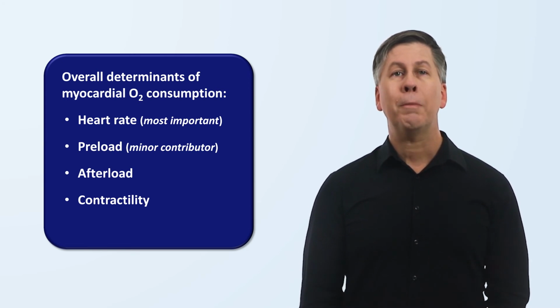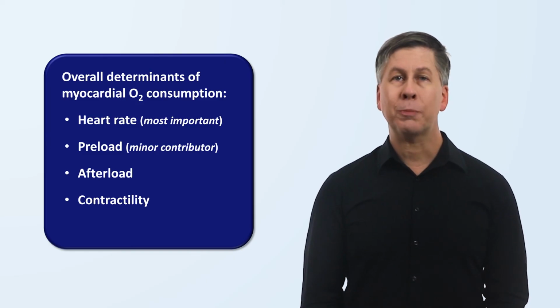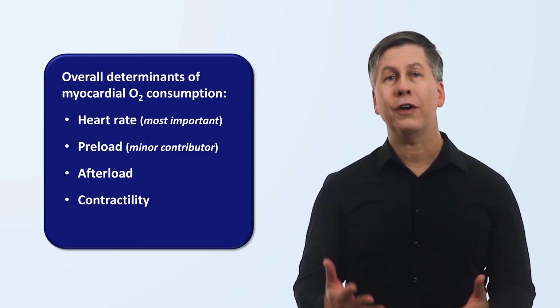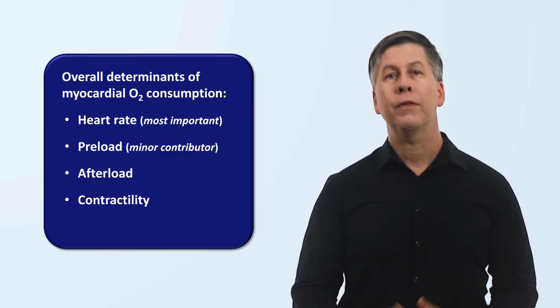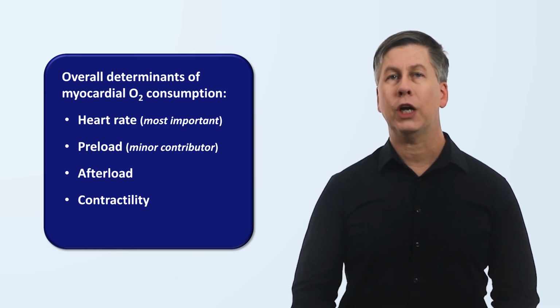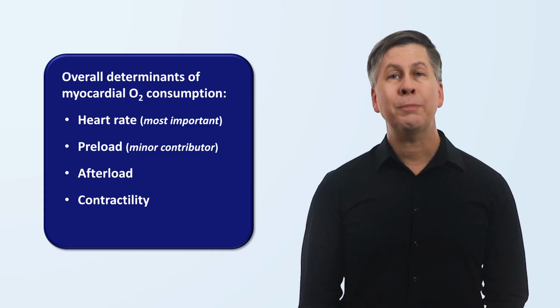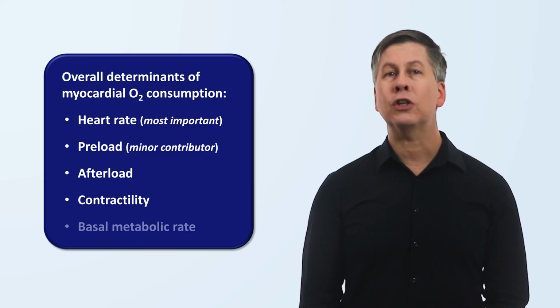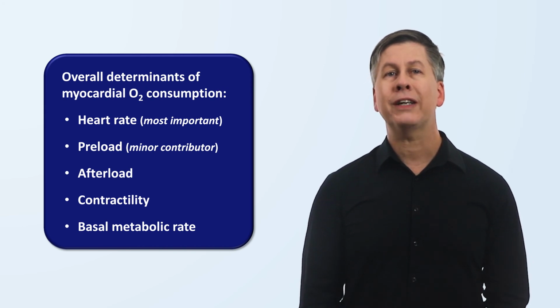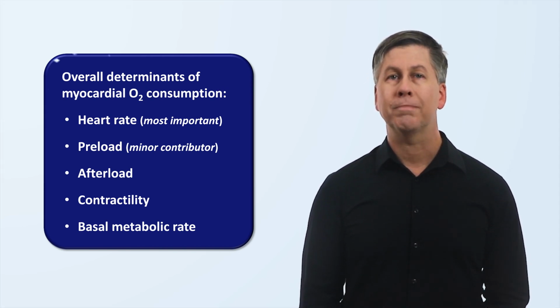For example, patients with severe aortic stenosis who have high afterload commonly develop angina, that is, chest pain caused by insufficient delivery of oxygen to the myocardium. However, patients with heart failure who have high preload very rarely develop angina as a direct consequence of that hemodynamic change. The last major determinant is the heart's basal metabolic rate, which is relatively constant outside of extreme metabolic derangements.